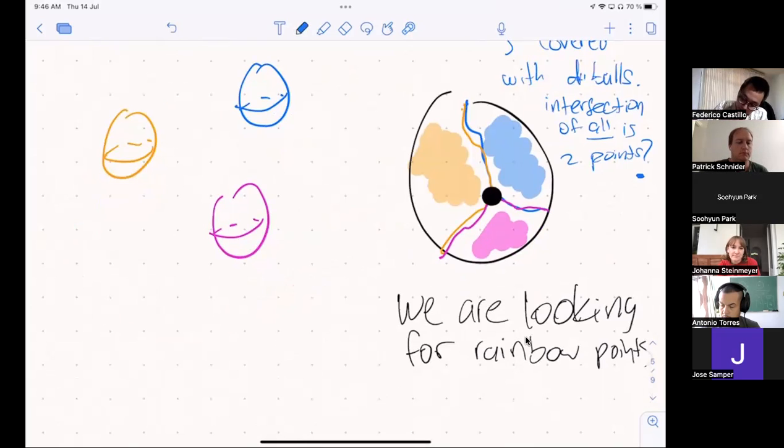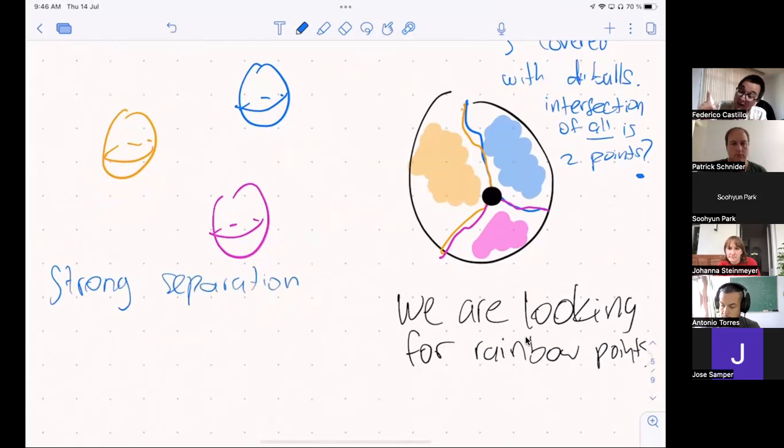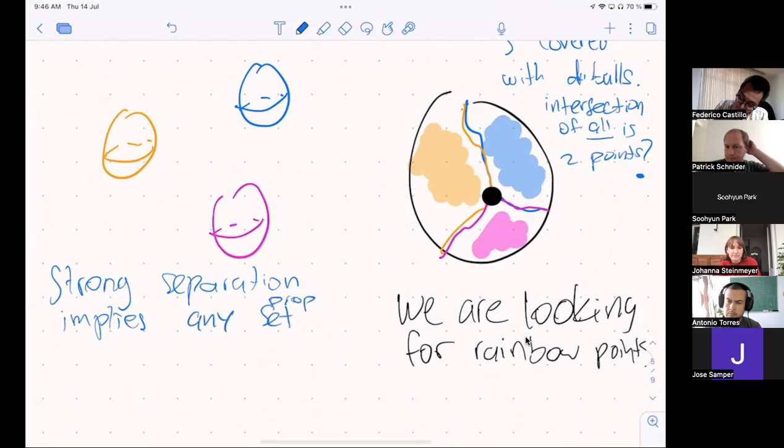Strong separation implies that any proper set of colors that I'm using in the dual is visible or co-visible.